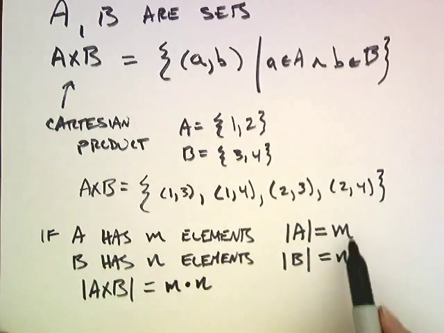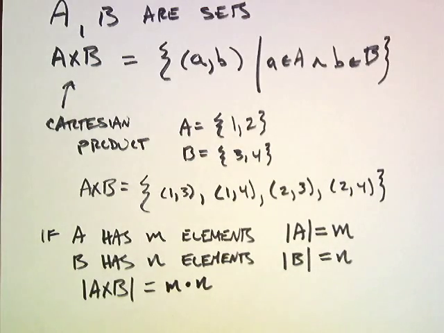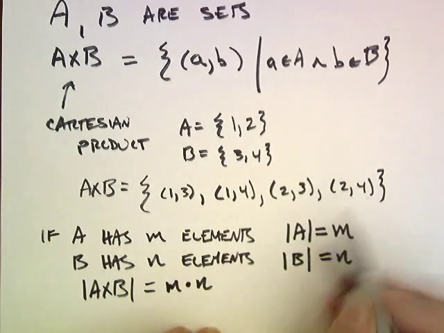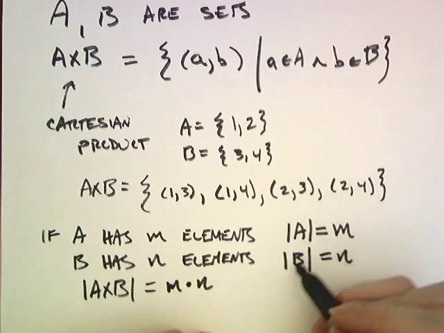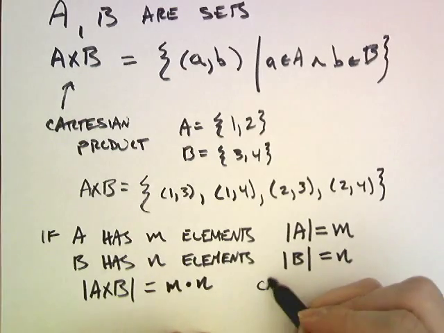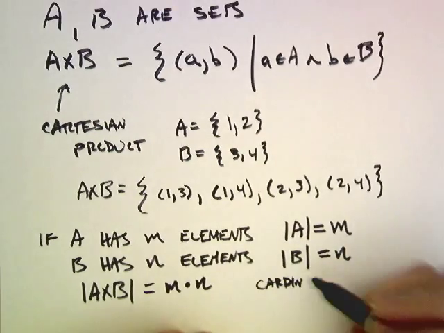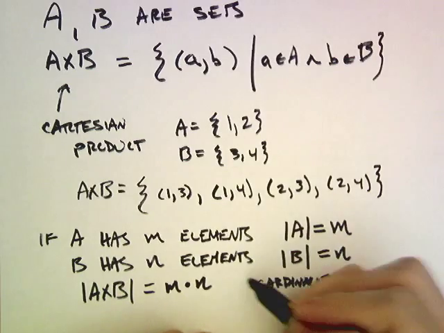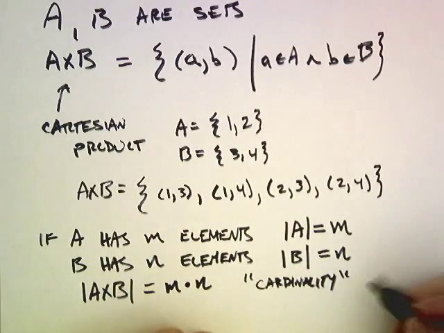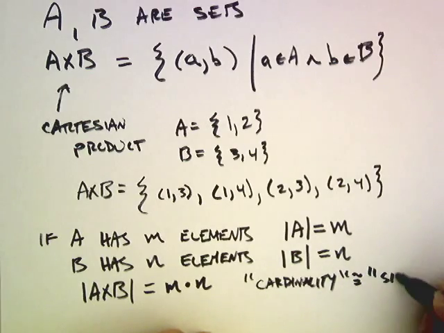As you can see, the sizes will multiply when you take the Cartesian product of two sets. Now, oftentimes, instead of saying the word size, we'll use the word cardinality. But when you see the word cardinality, you should think this is roughly equal to the word size.